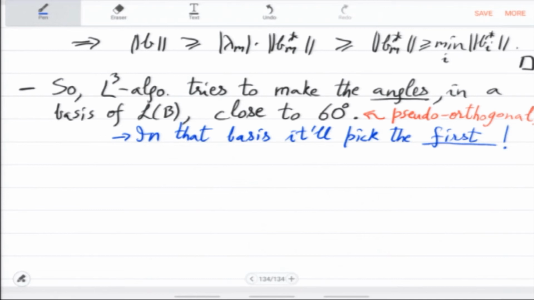It will actually try to orthogonalize as much as possible around a 60 degrees angle, and then once it has found the basis, in that basis it will just pick the smallest one and output. Okay, this is roughly the idea which we will now implement. Okay. So let us define this basis now properly.